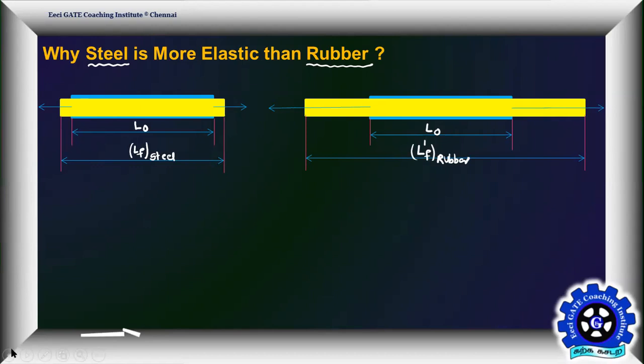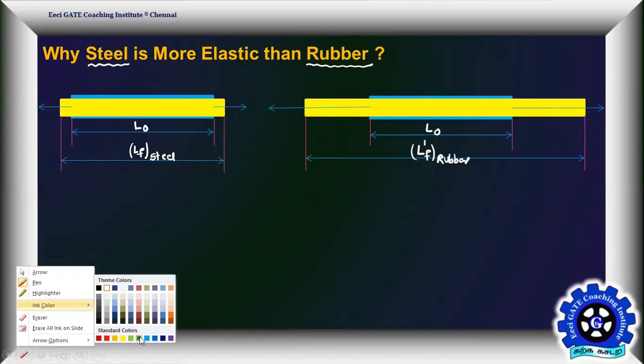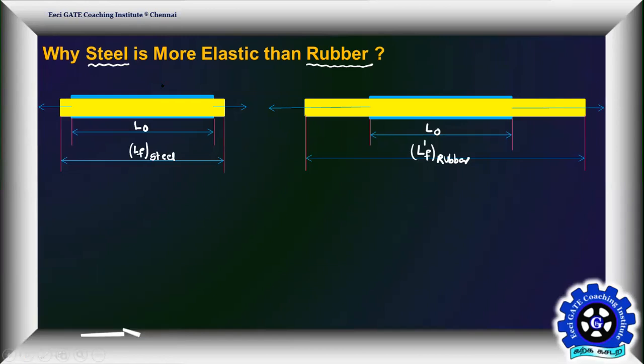You can understand, no issue. It is simple logic only. I think you must have studied this very long back, around 10th class or before. Steel, rubber, the color is different. It is steel and it is rubber.